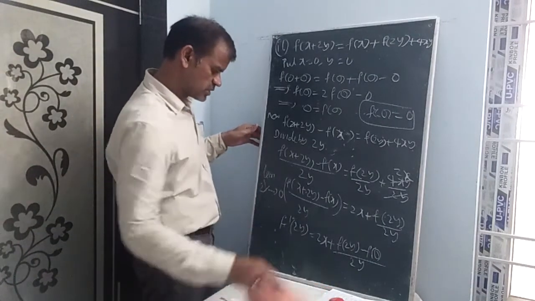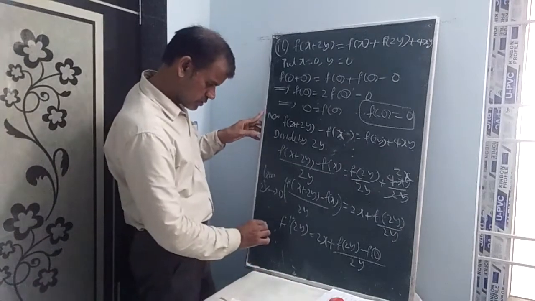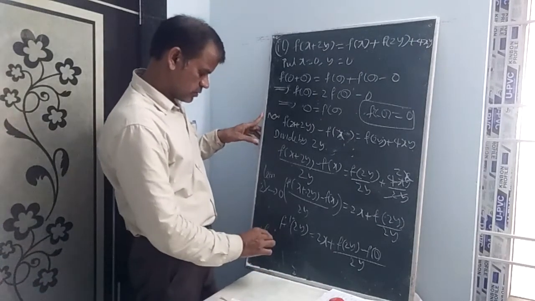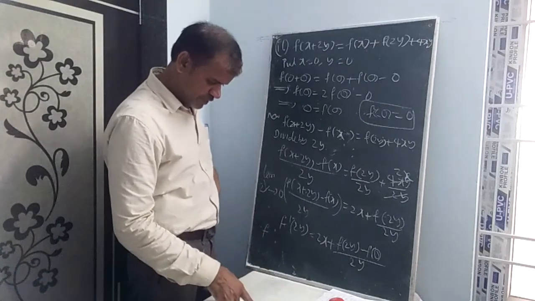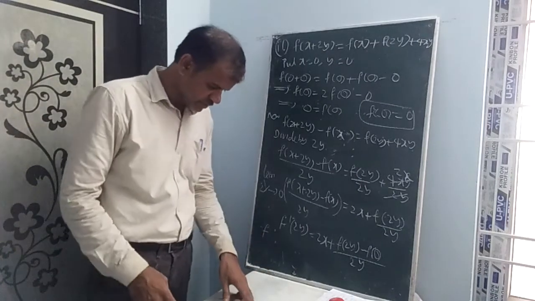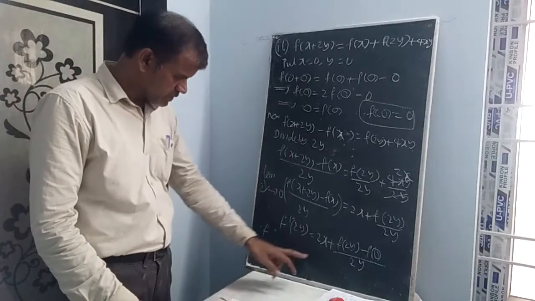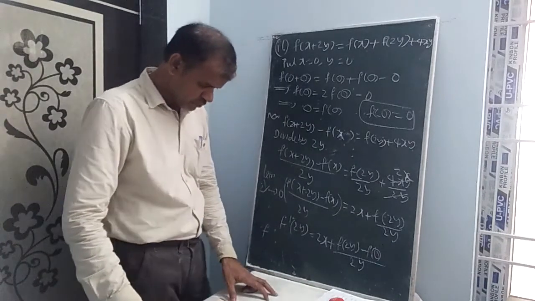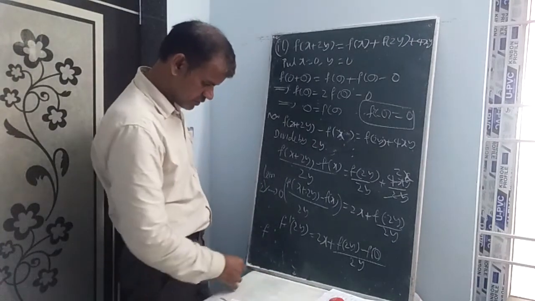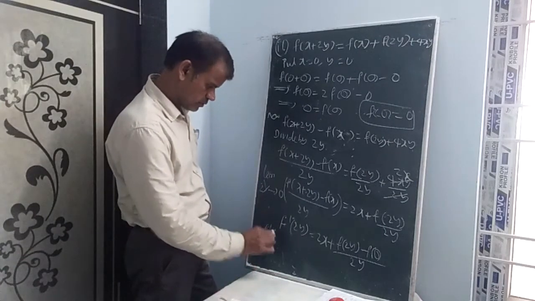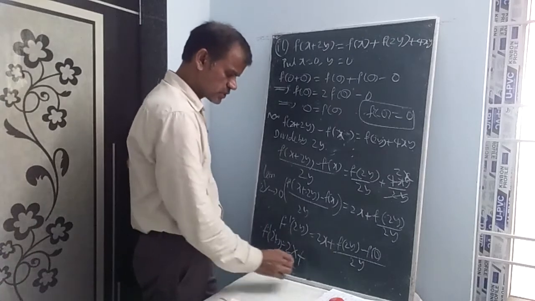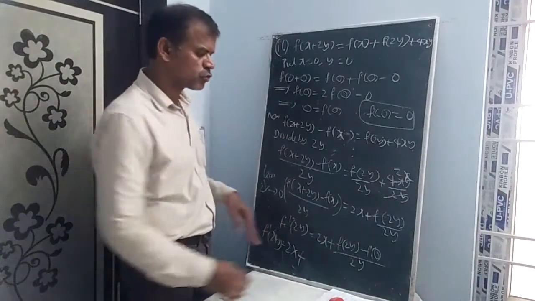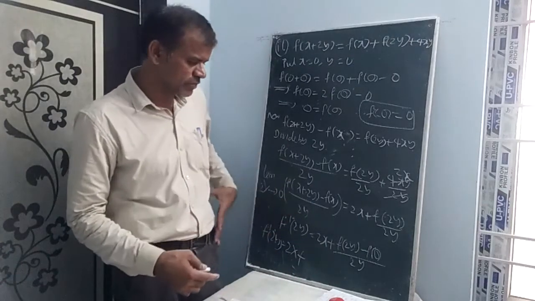Let us understand, this is f dash of x, (f(x+2y) minus f(x)) by 2y, 2x plus f dash of 2y we need to understand. 2x plus f(2y+0) minus f(0).